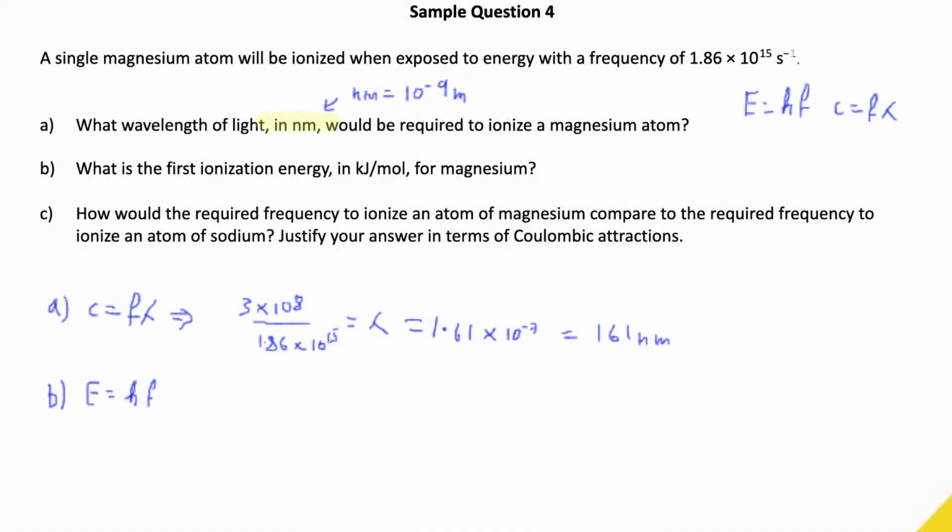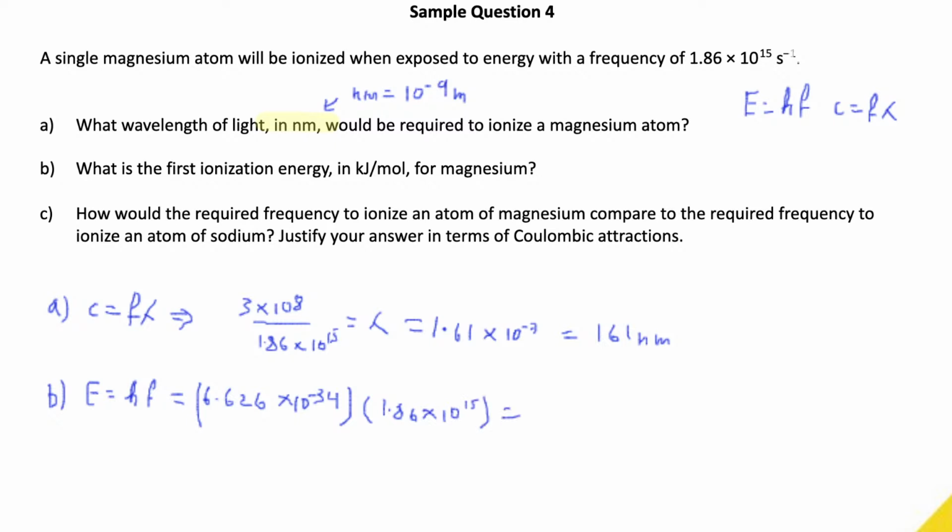So now let's actually put in the numbers here. What's nice is I can use the equation straightforwardly. So Planck's constant, 6.626 times 10 to the minus 34, and this is, of course, joule seconds, times the frequency that they give me, 1.86 times 10 to the 15.